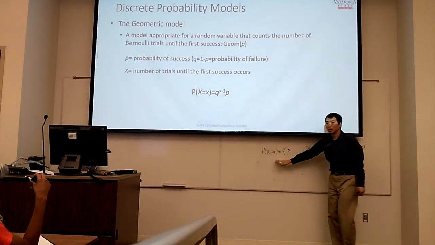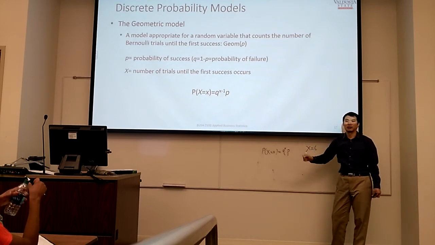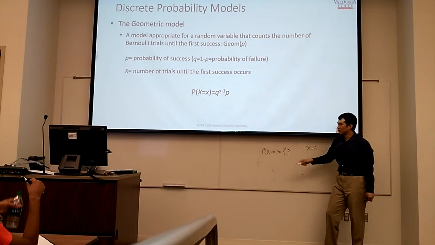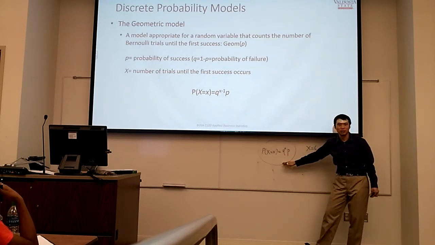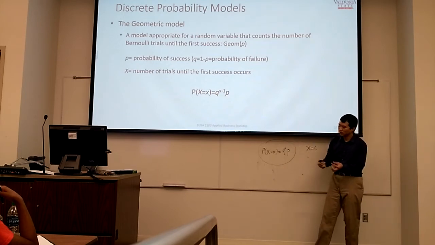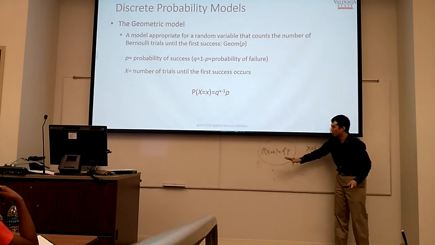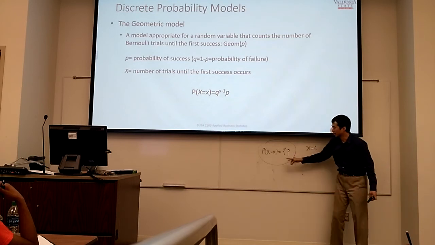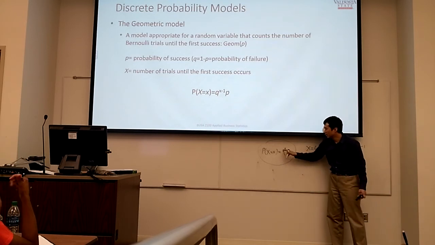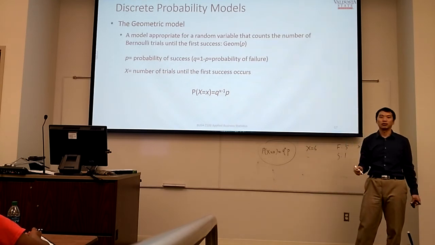In StatCrunch, they use this model, but in the textbook, they use the other model. So when you do your homework, you need to know whether x should be the number of failures, not the number of trials.